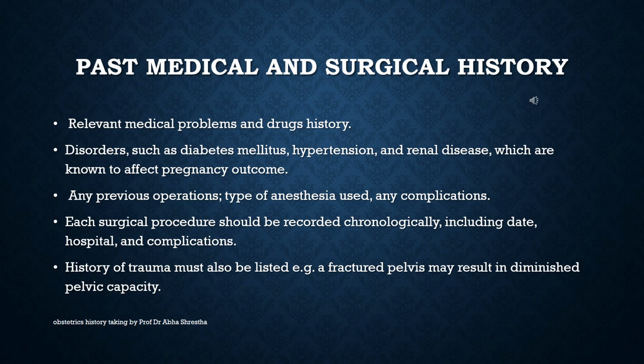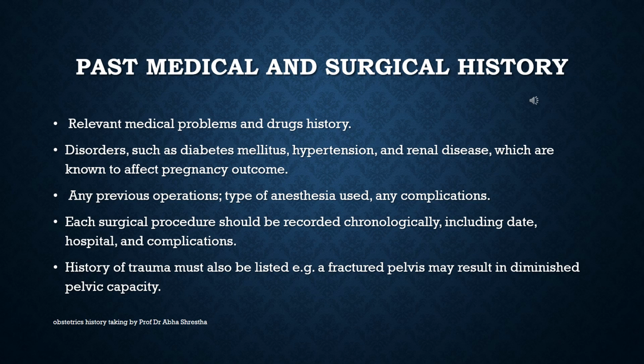Past medical and surgical history. We have to know the relevant medical problems and the drug history. Disorders like diabetes mellitus, hypertension, renal diseases, which are known to affect the pregnancy outcome, should be noted. We should also ask about any previous operations and the type of anesthesia given, and if she had any complications, that should be noted.